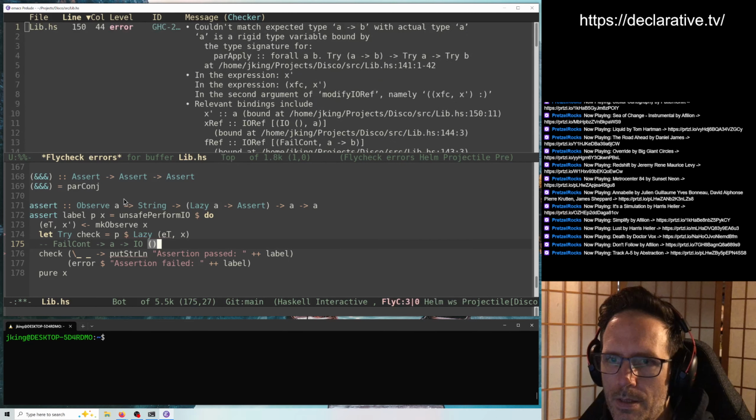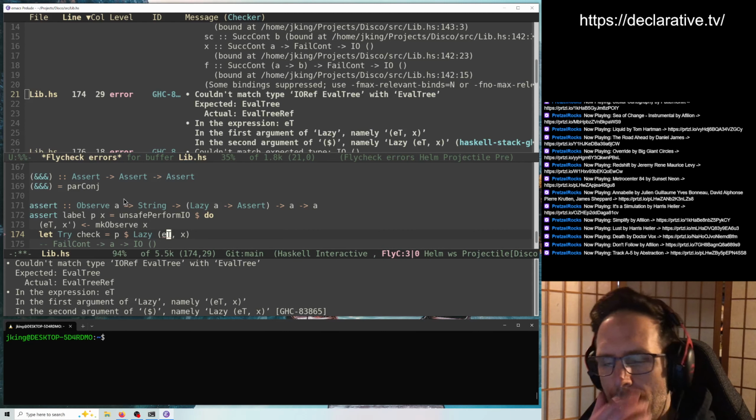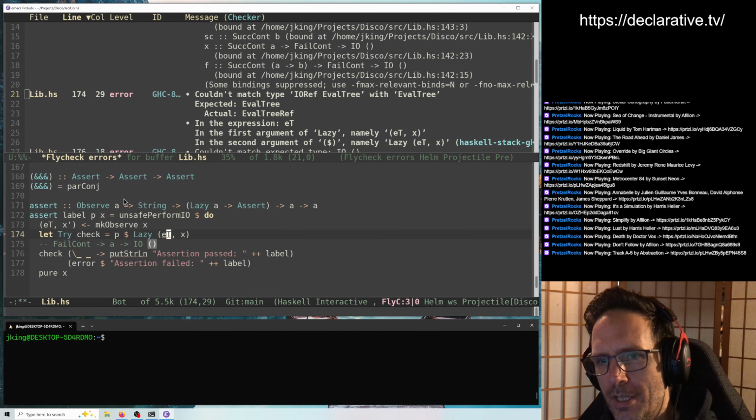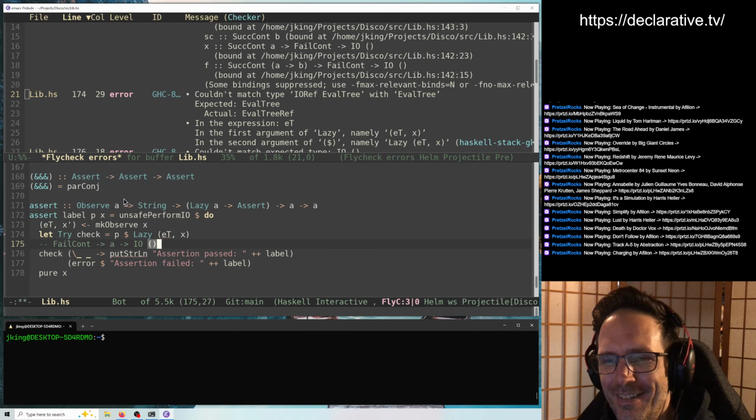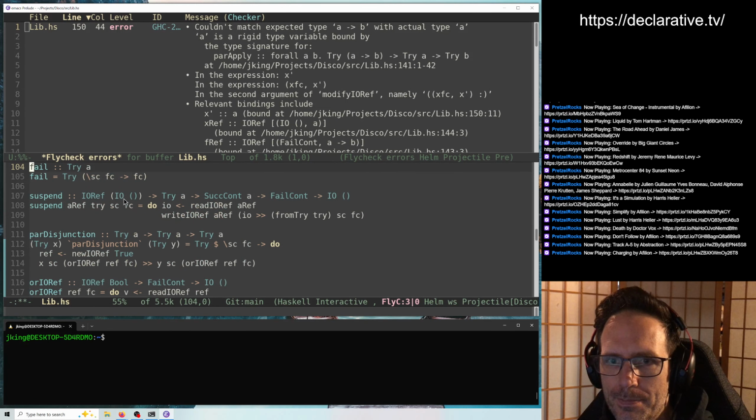Gotta wrap it in lazy. Yeah, it looks like they rushed the end of this paper. So they want an eval tree ref. Eval tree. We know how to. We have a constructor for all that, right? At least we have that.